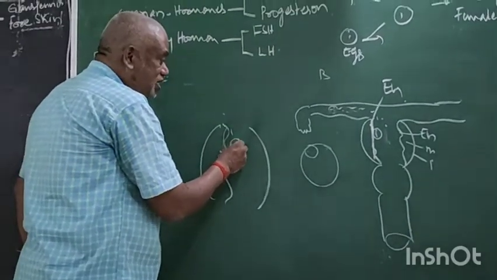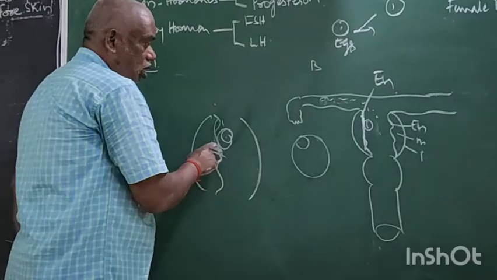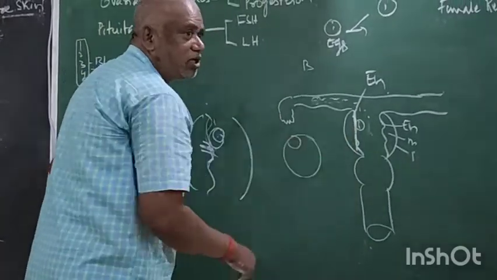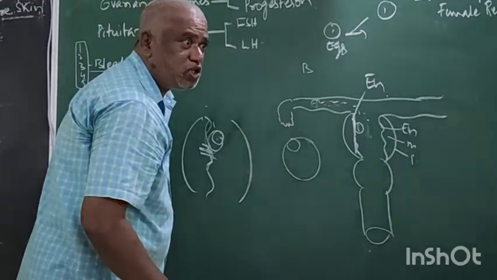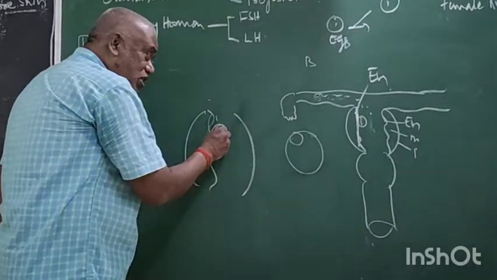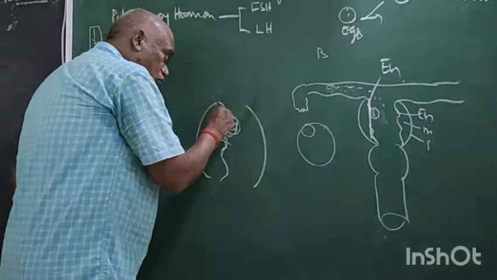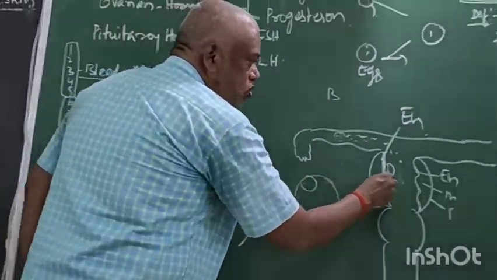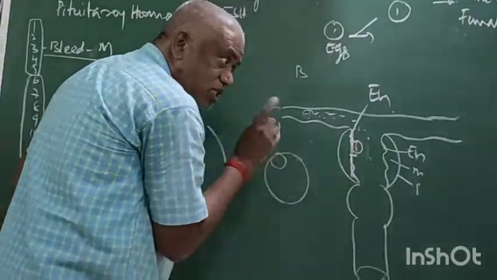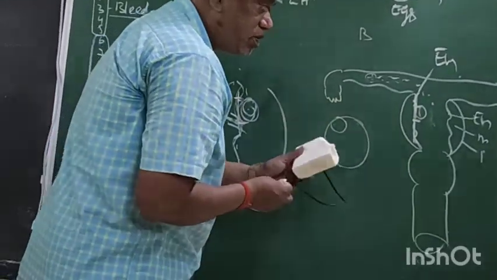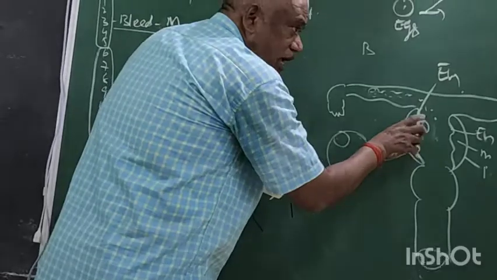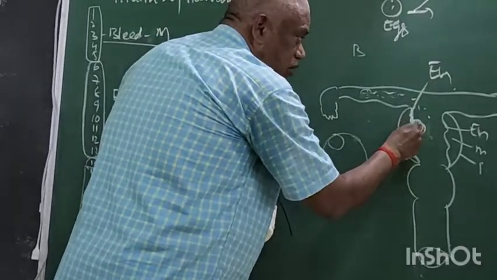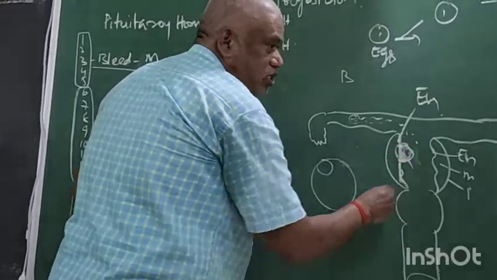The unfertilized egg is attached to the endometrium, but there is no fate for the egg. It must degenerate. The degeneration of the egg with a part of the endometrium. Some part of the endometrium which helps in attachment of the egg, both degenerate.